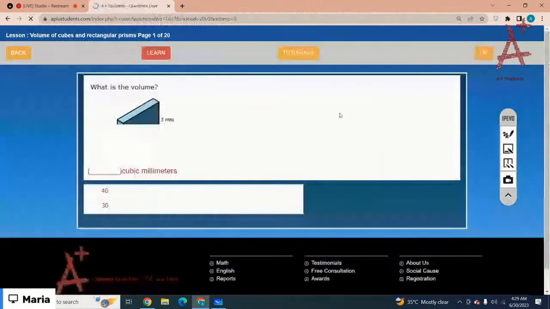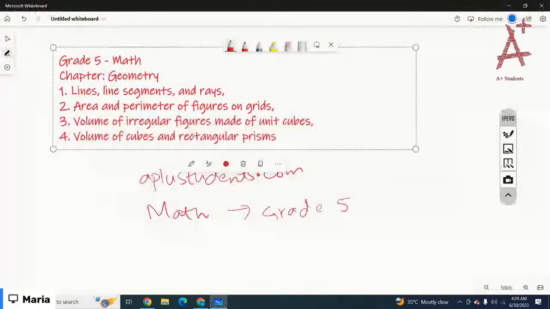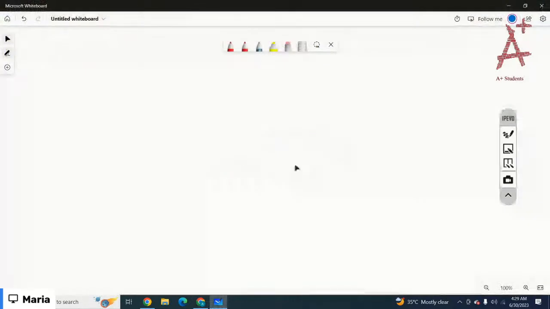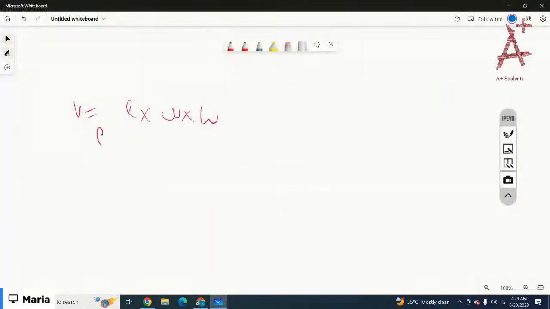Okay, what is the volume? You are given a rectangular prism. You have to calculate the volume. The formula to calculate the volume of a rectangular prism is length times width times height. So the values are length is 3, width is 6, and height is 5.